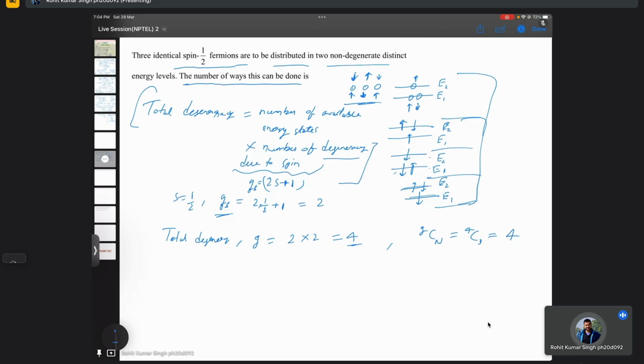For fermions, it is due to spin only. Since electrons have spins, they can be either spin up or spin down. That's why there is a degeneracy, and that's why we can accommodate 3 electrons or 3 fermions in just 2 energy levels.